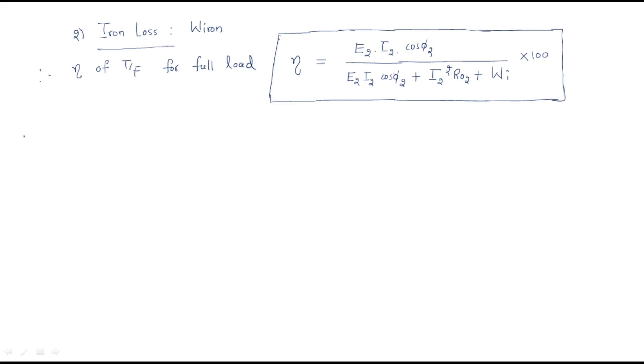Sometimes full load means it will take full current, half load means half current, and 1 by 4 load means it will take 1 by 4 current.